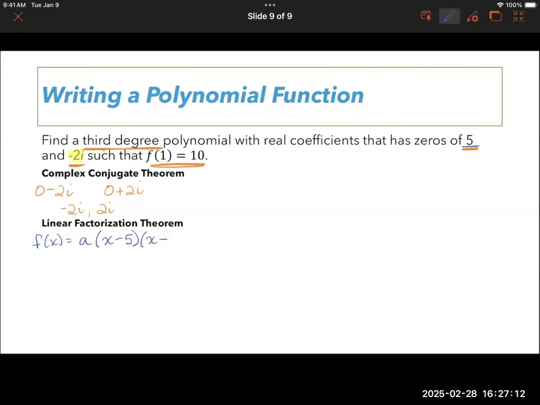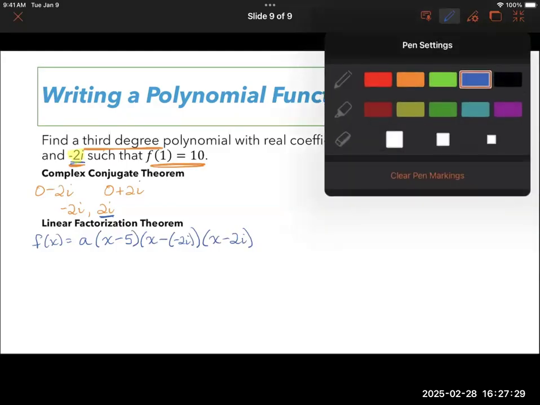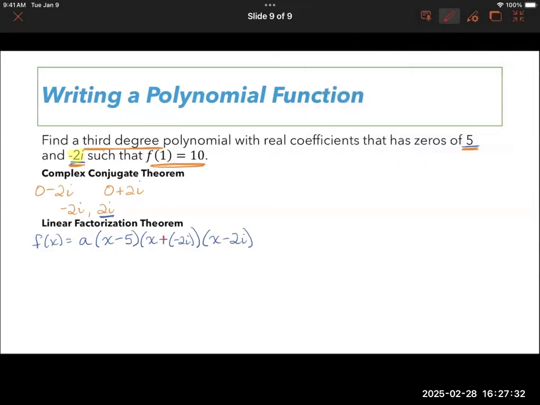X minus this 0 will be x minus a -2i. And x minus this 0 will be x minus 2i. Okay, and so just to make things easier, this is really just x plus 2i.